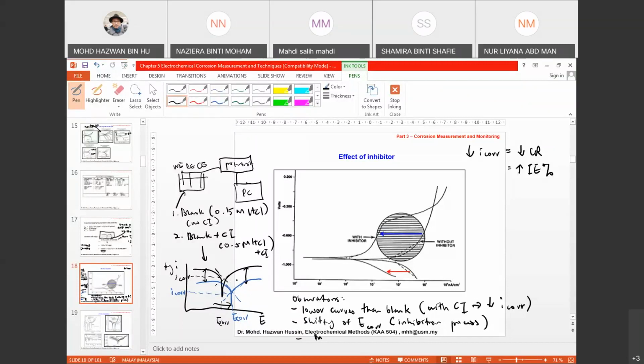Because you have more difference in anodic side, beta A is larger, which indicates that when you add the inhibitor, it inhibits or reduces the oxidation process. It still reduces or inhibits the reduction process, but the major inhibition occurs at anodic side. Is it clear to everyone?